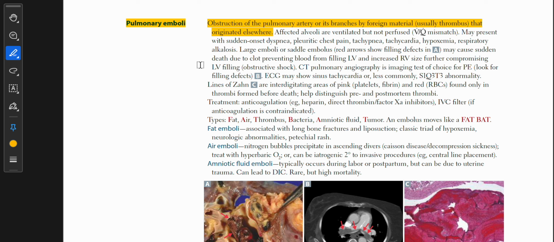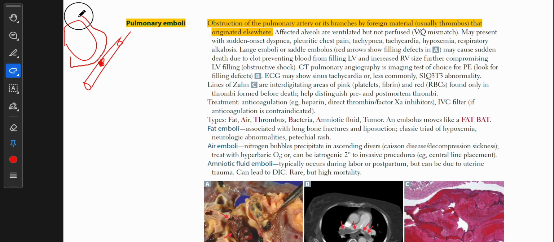And the affected alveoli are ventilated but not perfused. Since this is an artery, for example, this is a pulmonary artery, then there is this embolus, right? So it is properly ventilated because there is no pathology in the alveoli and lung region, but there is pathology in the arterial region.